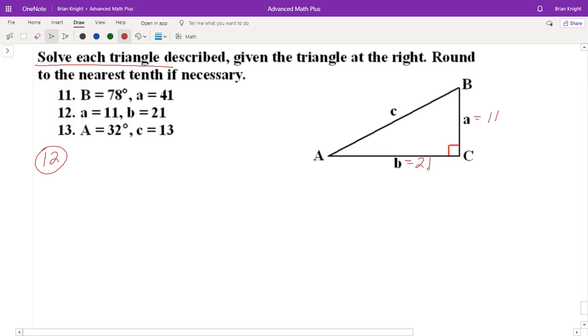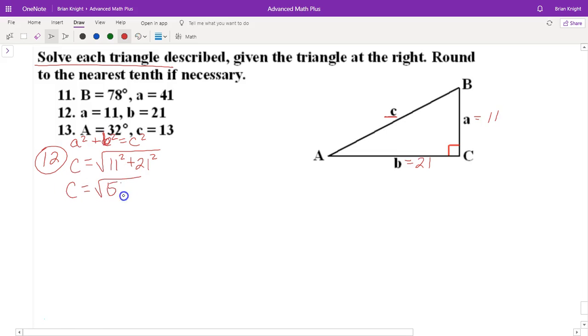It's not like I'm forced to start off with Pythagorean Theorem, but I will. I'm going to find what first? Side C. So C would be the square root of 11 squared plus 21 squared. And again, that is just doing the Pythagorean Theorem. A squared plus B squared equals C squared. So the square root of 562.